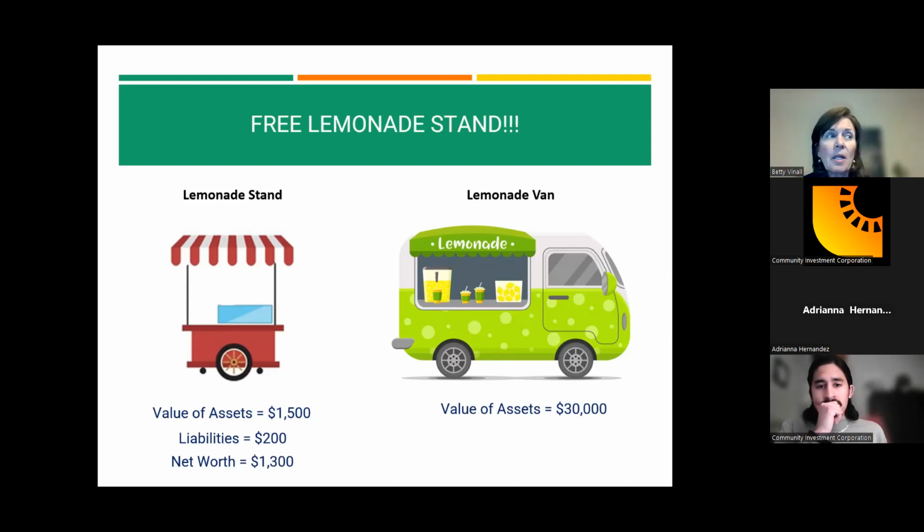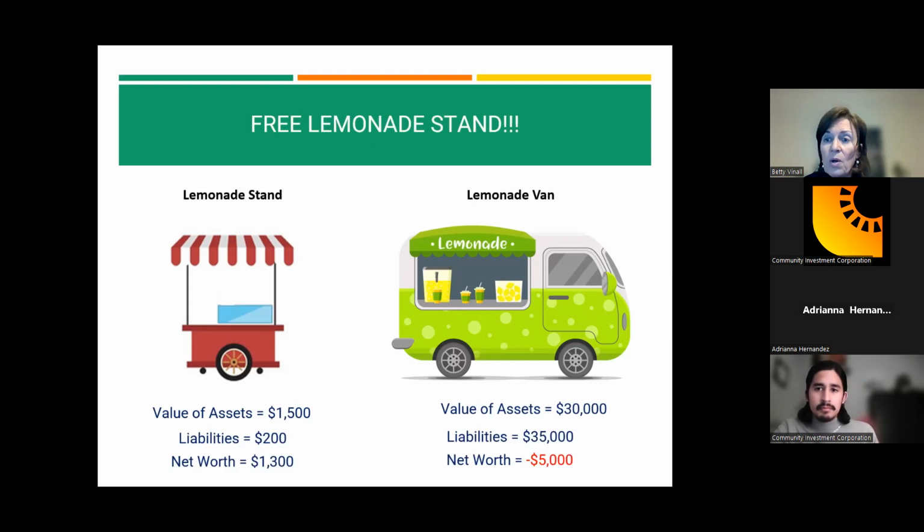Now, if we take on the lemonade van, we know that it's valued at $30,000. But this company has liabilities of $3,500. And that does often happen when you see a business with a higher value, because they may have financed that van, for example. That's probably what's happened here. And so their liabilities can outweigh their assets, which is what's happening here.